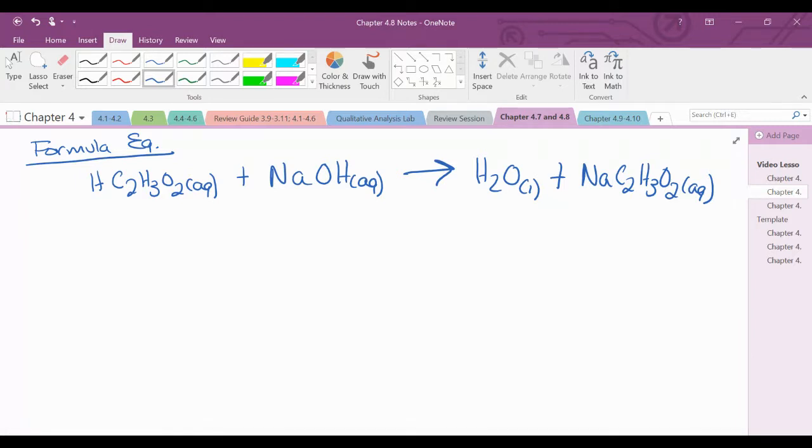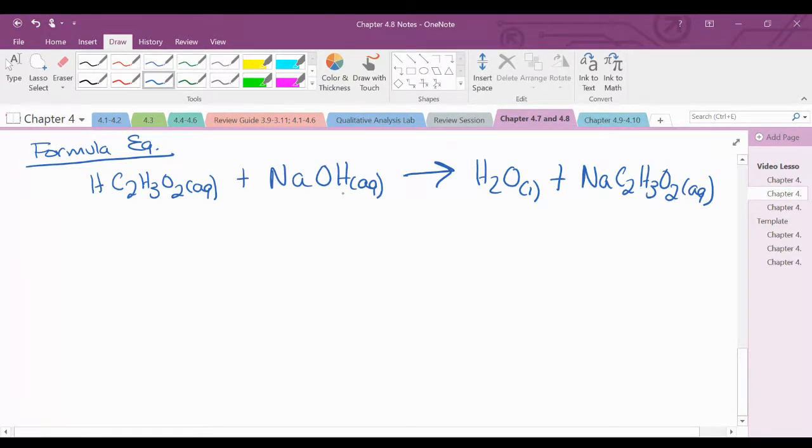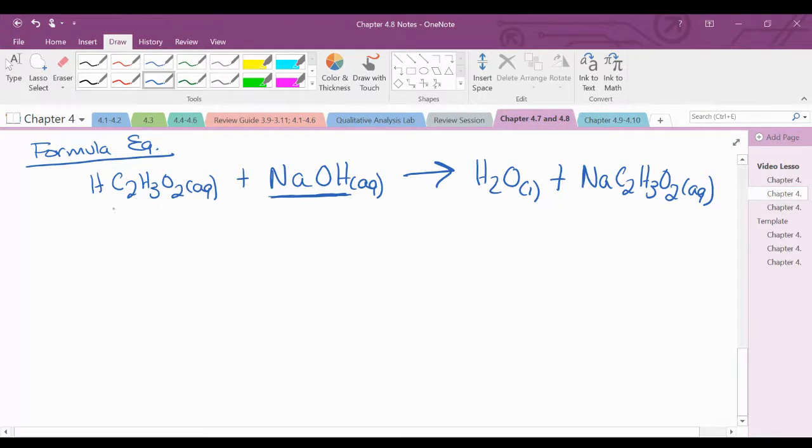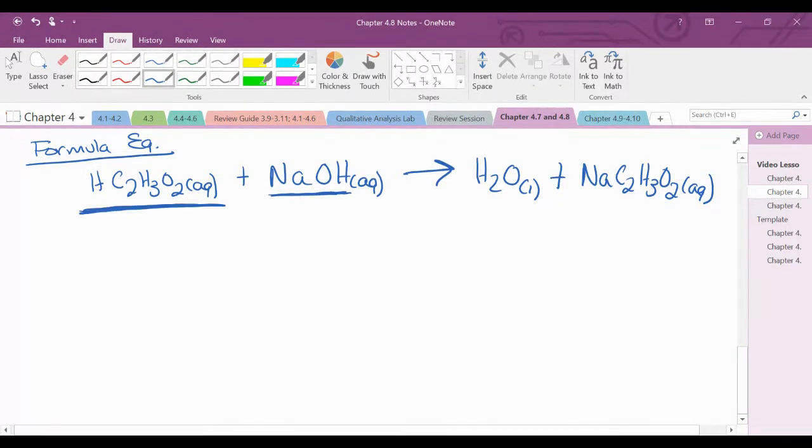So I'm just going to write the net ionic equation. Sodium hydroxide is a strong base, so it completely dissociates, forming hydroxide ions and sodium cations, but this does not. This is a weak acid. It only partially dissociates.